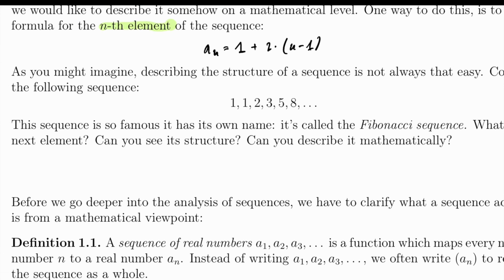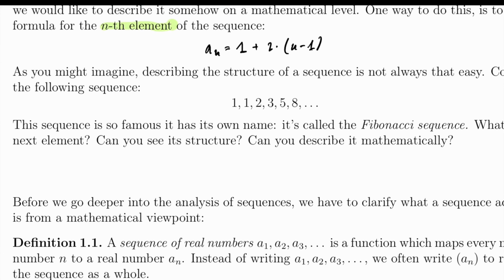It's not always that easy describing the general element or the element at the nth position. So for instance, with the Fibonacci sequence we saw that, well, here you have to use the 2 previous elements to get the next one. So 1 plus 1 is 2, 2 plus 1 equals 3, 2 plus 3 equals 5, and so forth.